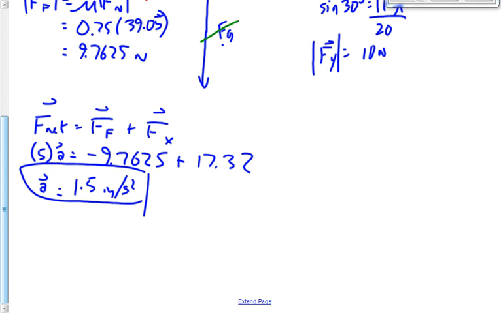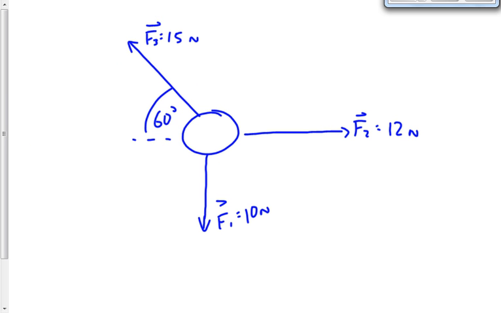All right, we also had one more question that we put on the board yesterday that I asked you to solve for homework last night. Let's take a look at that one. The problem was find the net force due to these other three forces that are acting on this object.